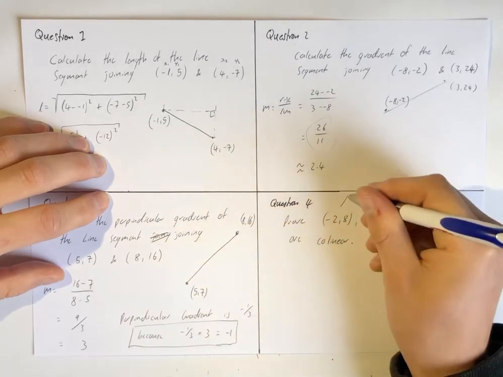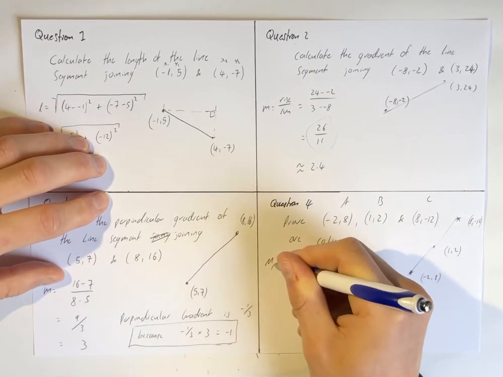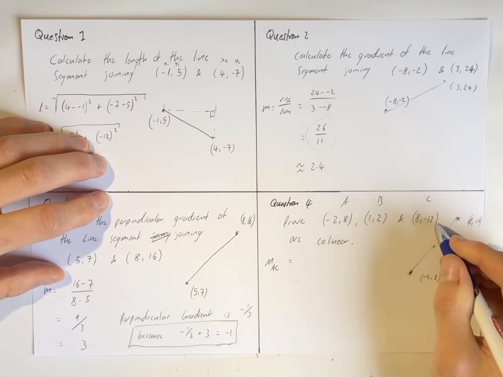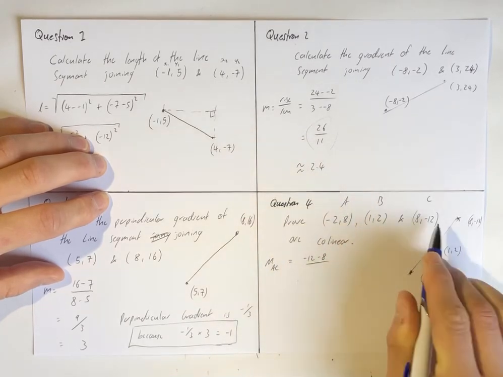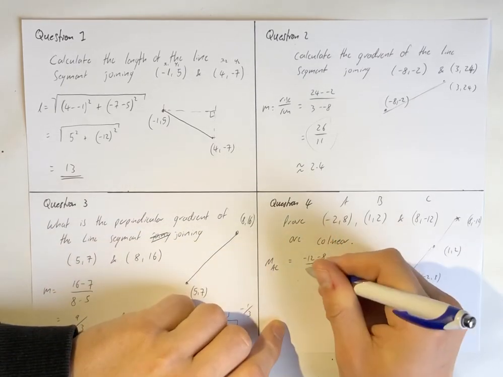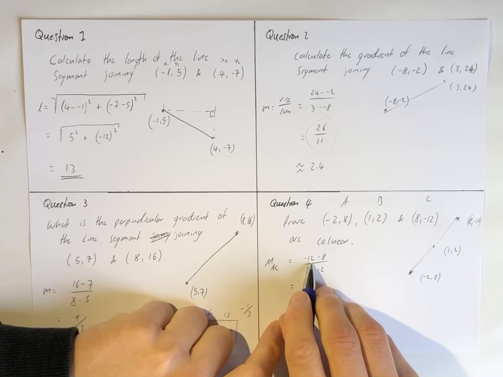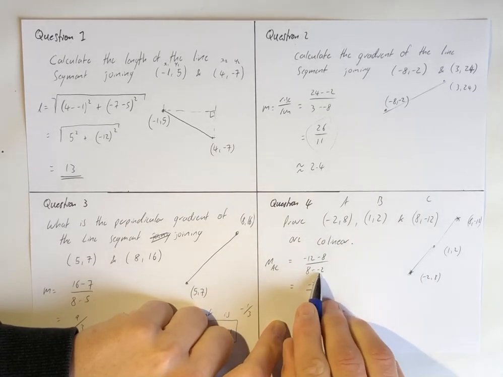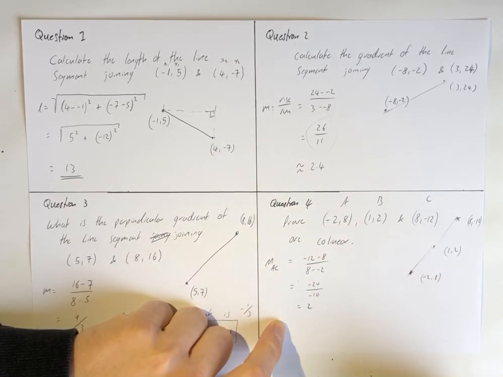So let's go A, B, C. Then the gradient of AC is going to be the change in y, negative 12 take away 8, difference in the y's over differences in the x's, 8 take away negative 2. And so that's going to be negative 20 over, and that's going to be negative 10. So we get a gradient of 2.